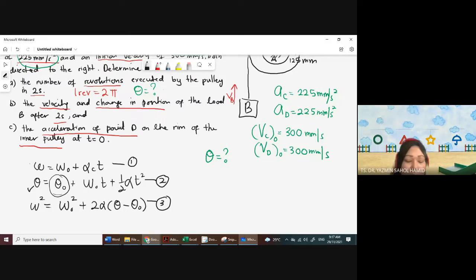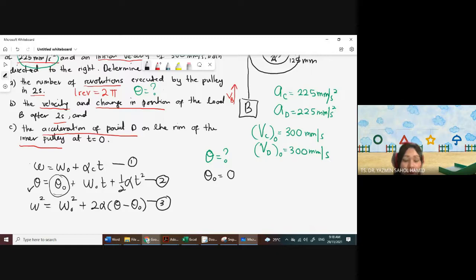Apa dia kata? Bila t start dengan kosong, theta naught akan jadi kosong. Okay, so theta naught kita sama dengan kosong.